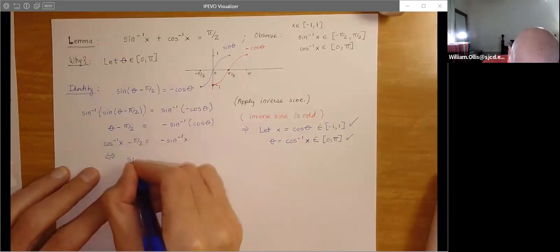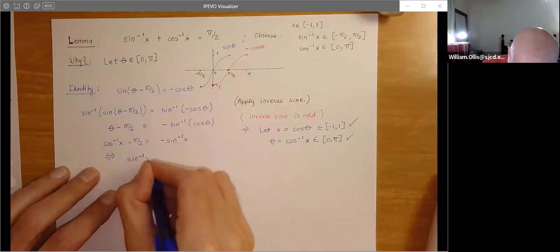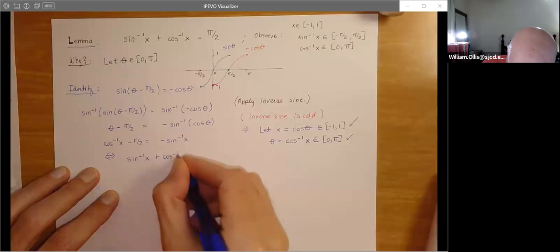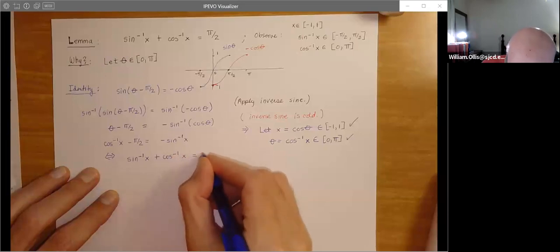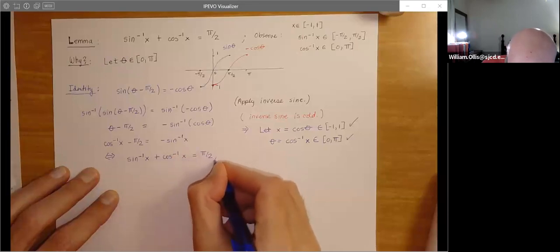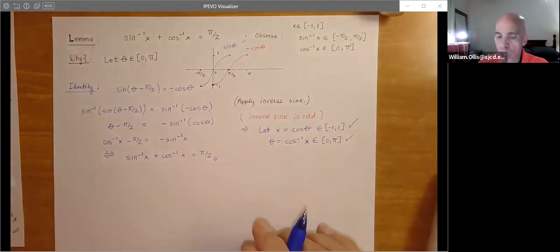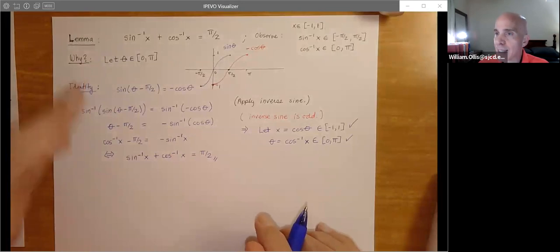And so we get inverse sine of X plus inverse cosine of X equals pi over 2. So this is a way to justify an identity that I gave you.